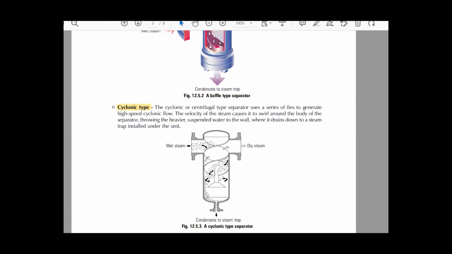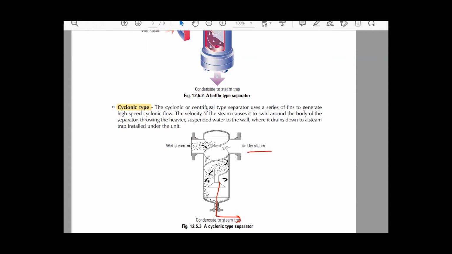The water droplets come from here to the steam trap set, which I will fit here with a flange, so I can take the condensate and water droplets back to the condensate pump, the condensate tank, the blow down vessel, the flash vessel, or the drain system. The dry steam comes out from the other port.